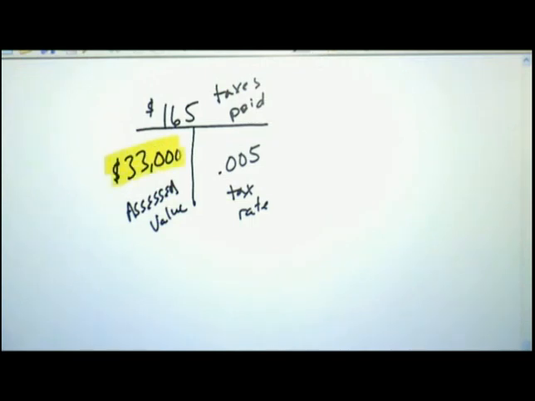Now it's important to note this $33,000. The question's asking for the total value, and that's not the total value, that's the assessed value. So I need to go one step further.